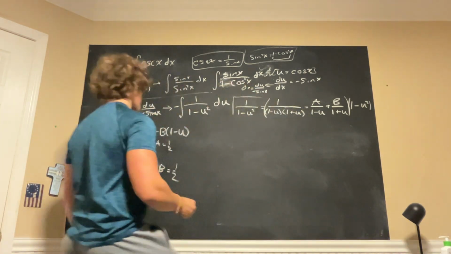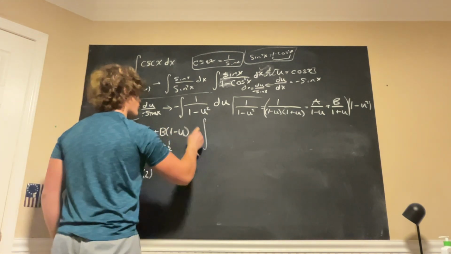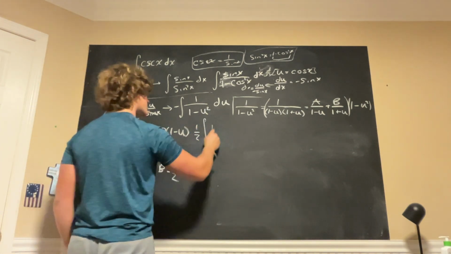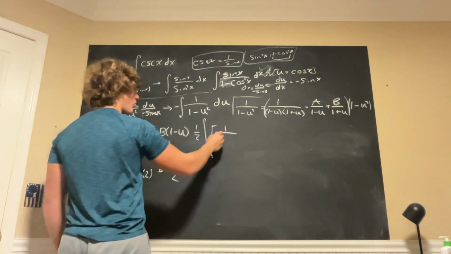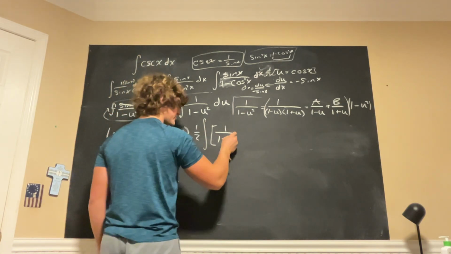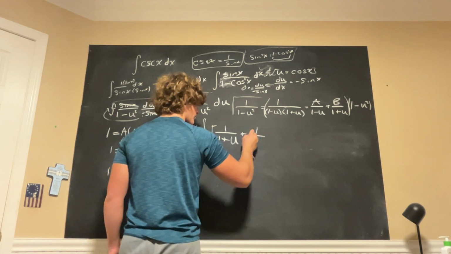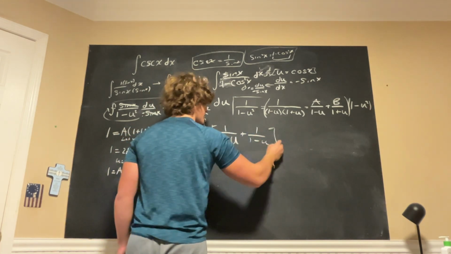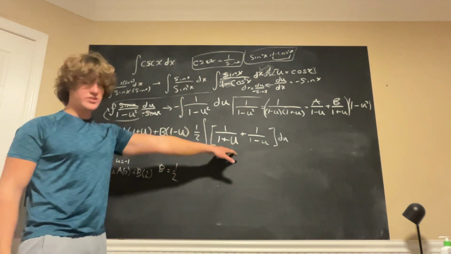Now, we can rewrite our integral in the form of 1/2 times 1 over 1 plus u plus 1 over 1 minus u with respect to u. I will rearrange these because it'll make it easier for the future. So these are two very simple integrals now.